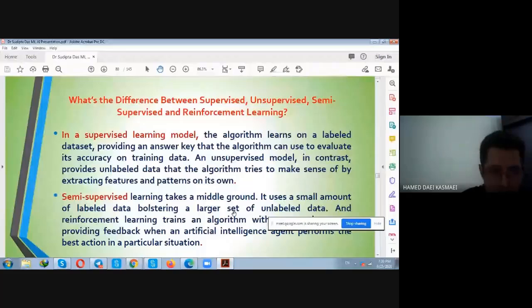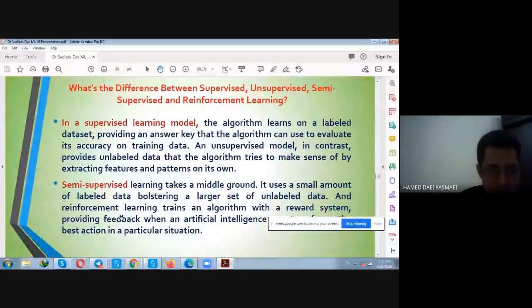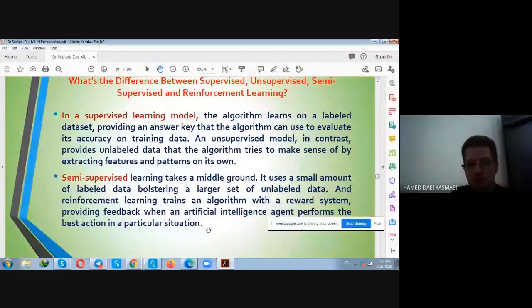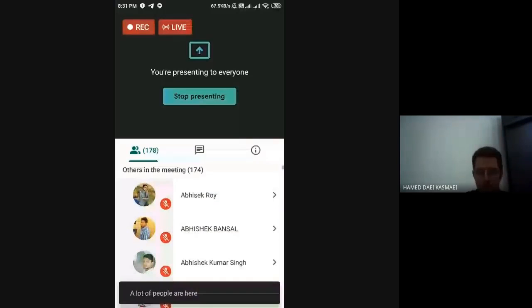Okay. And reinforcement learning trains an algorithm with a reward system, providing feedback when an artificial intelligence agent performs the best action in a particular situation. For example, when you work with a monkey and it tries to do something for you, for example, it gives you a box and you give the monkey or gorilla a banana. So it's a kind of reward.